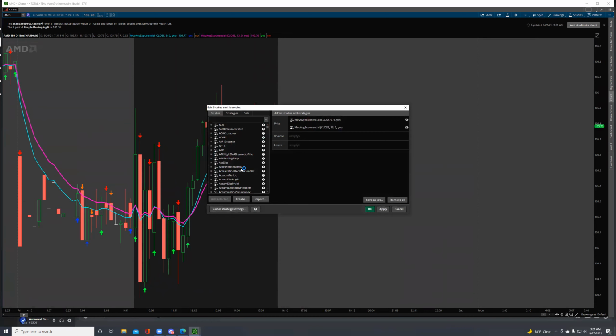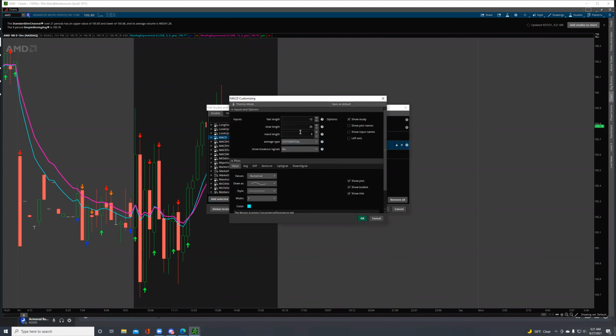Let's see, edit studies, and let's add back in MACD. I forgot to do the MACD. We'll add it just so you can see what it looks like. Now for this, I'm going to change the slow length to 30 and put this at maybe, let's do a 10 and a 5.